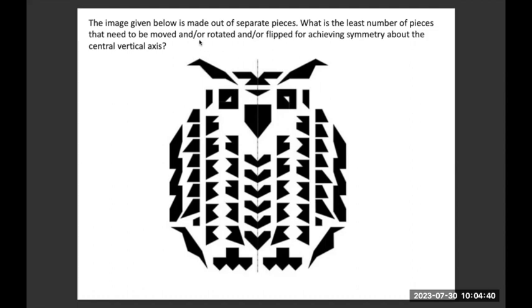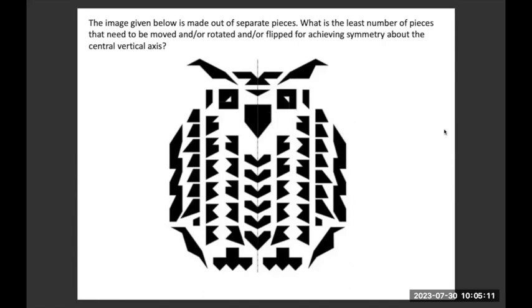These two pieces are rotated. So how many such pieces can you find in this image which are moved, rotated, or flipped, basically mirrored, so that one can achieve perfect symmetry along this vertical axis? I hope I'm clear, Kavya.